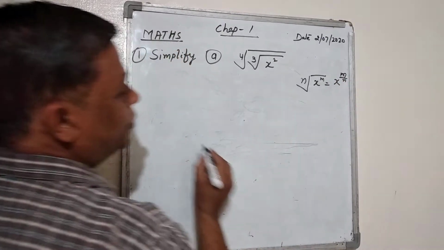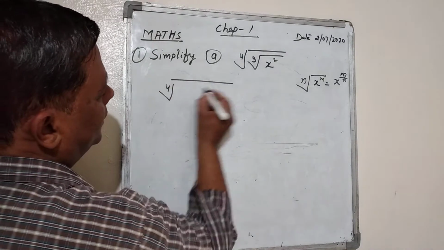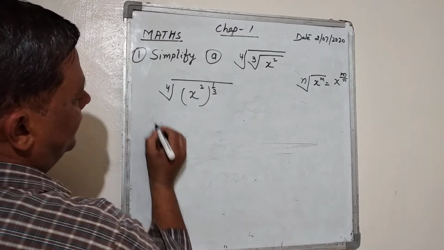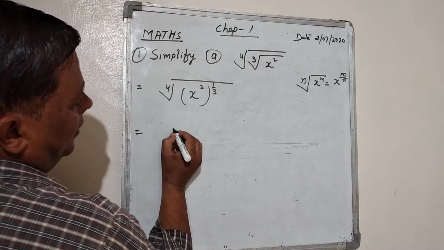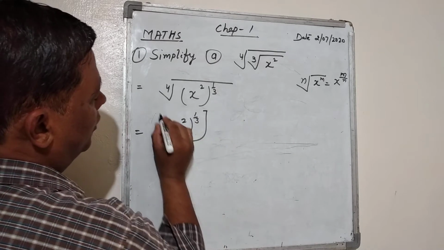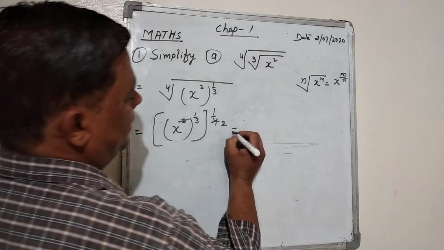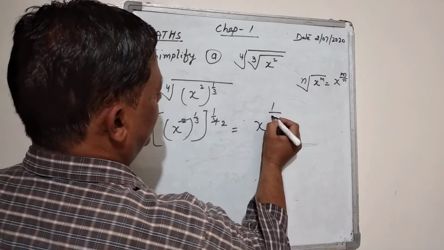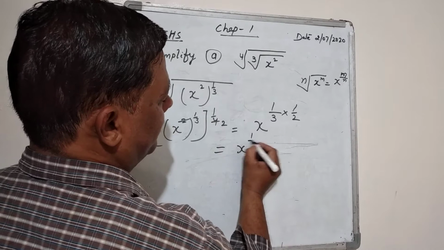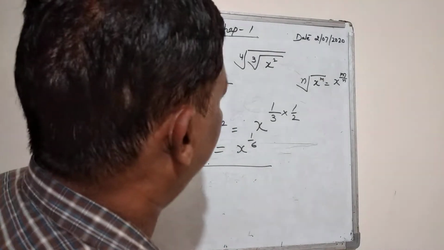The last law we use, that is fourth root of x power 2 whole power 1 by 3, then x power 2 whole power 1 by 3 into whole power 1 by 4. So this 2 and this 4 will cut, then x raised to the power 1 by 3 into x raised to the power 2. That turns x raised to the power 1 by 6.